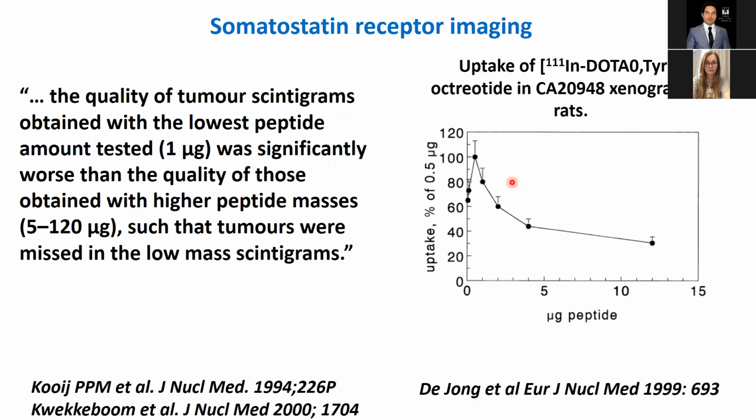So that was a challenge to public opinion in this area. Nowadays, it's very clear that it's actually a no-brainer. The dissociation constant of octreotide is 5 nanomole. So if you inject 1 microgram, it is exactly 1 nanomole.